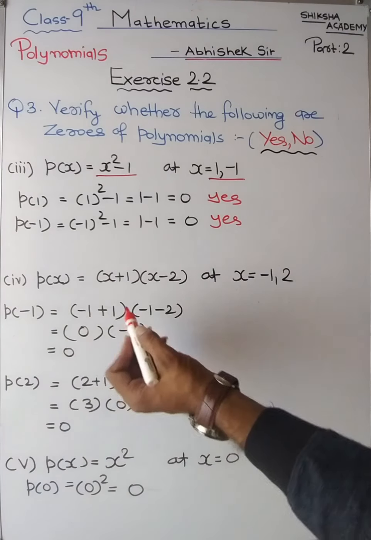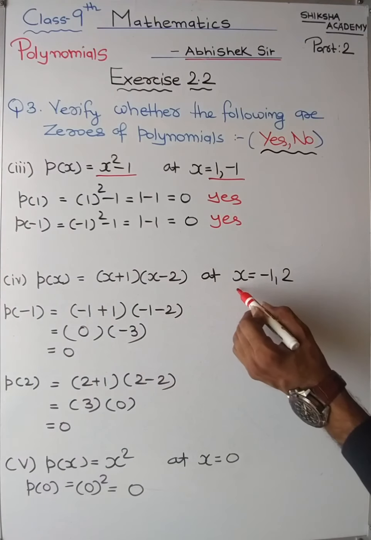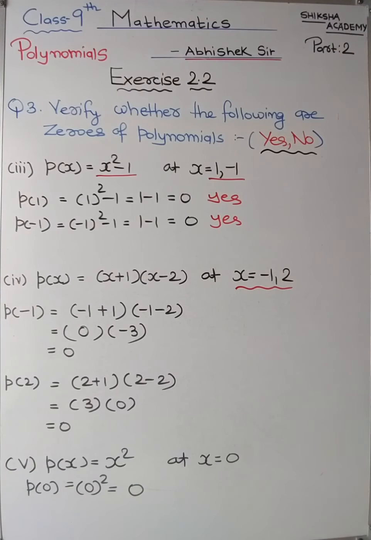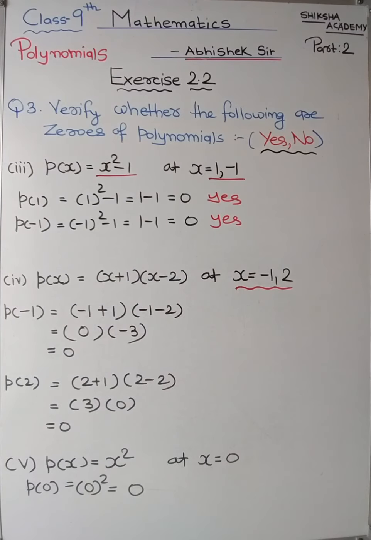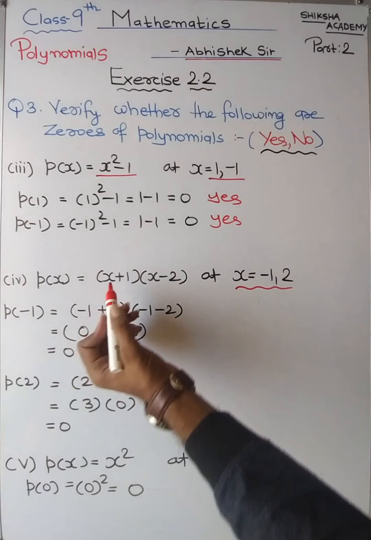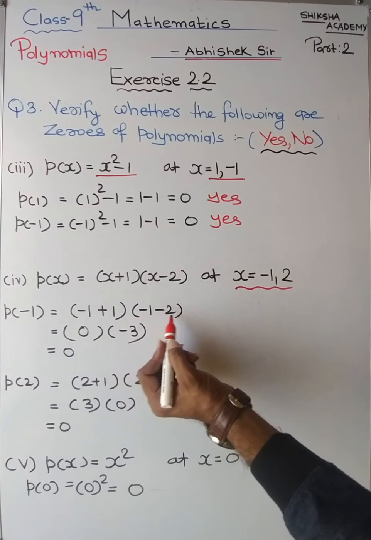Next question, p of x is x plus 1 into x minus 2, both in the brackets, and again we have two different values. So right now I am not solving the bracket, we are just putting the values inside the bracket only, and let us check. So we have put x equals to minus 1, so it becomes minus 1 plus 1, minus 1 minus 2.